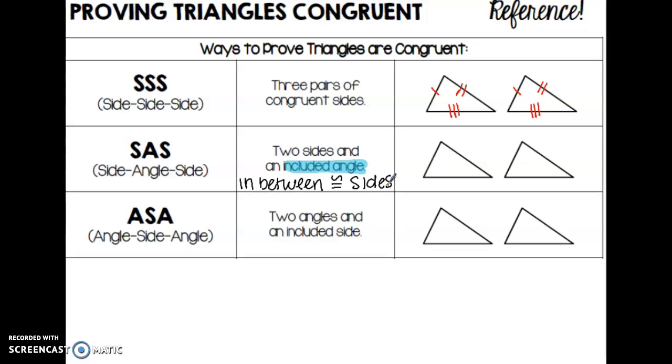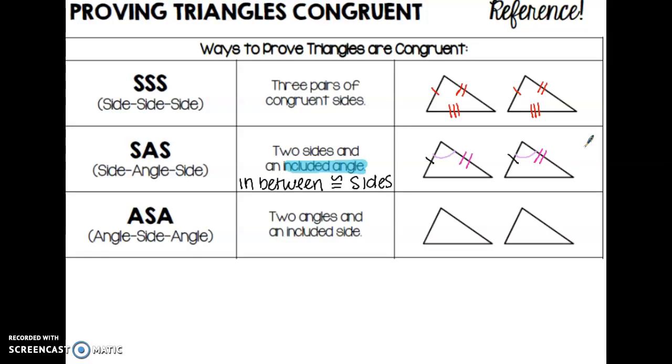And so if we have, for example, one here, that's going to give you your S. And then we would have another congruent side. That angle does have to be in between those 2. So one here, one there, that would be a side angle side.